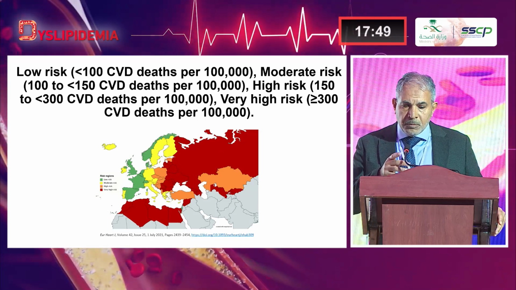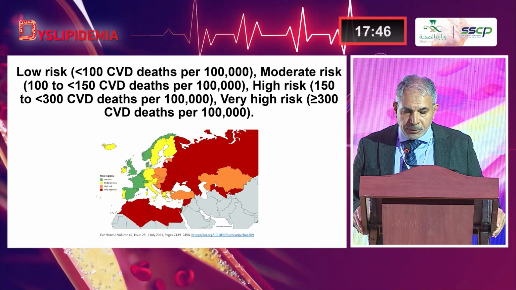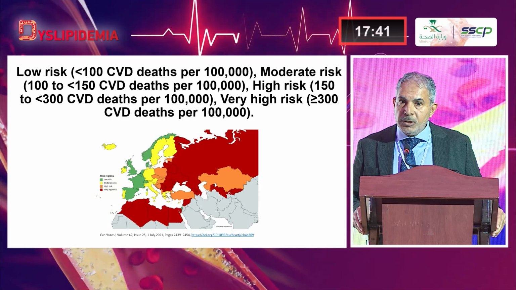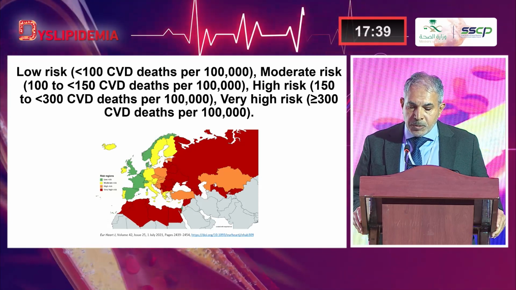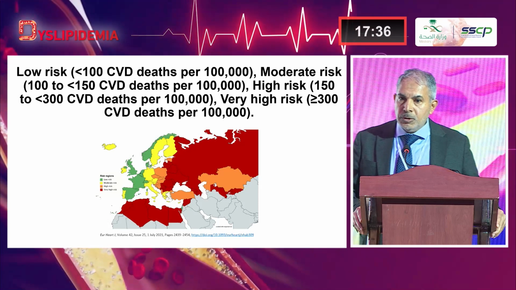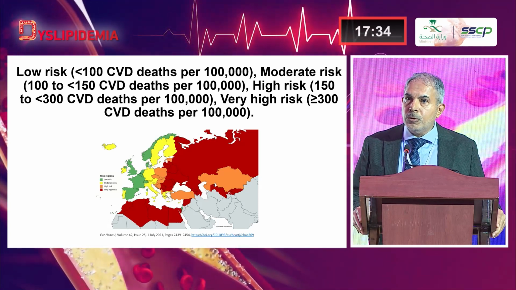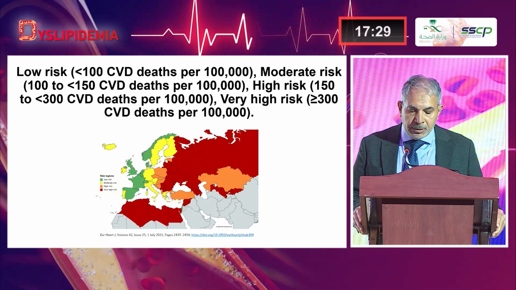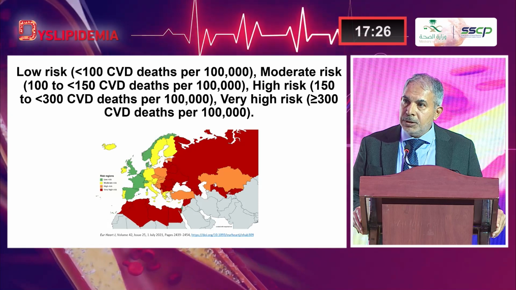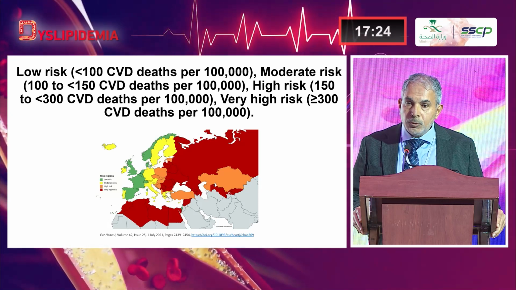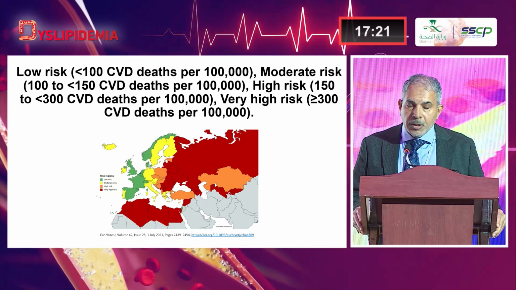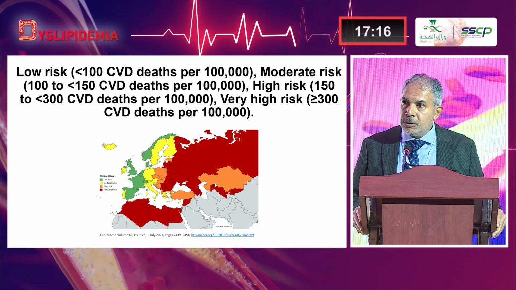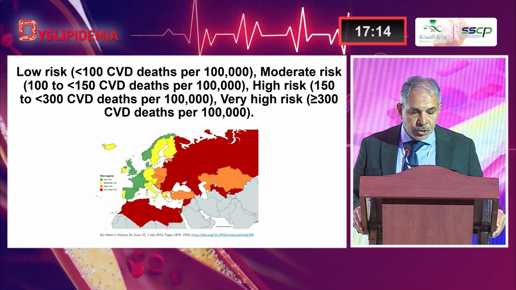Now, the SCORE risk tool has been developed specifically in Europe. It's been designed to give risk according to 4 risk regions, displayed on this map. The green areas are low-risk regions of Europe, associated with fewer than 100 cardiovascular deaths per 100,000 of population.